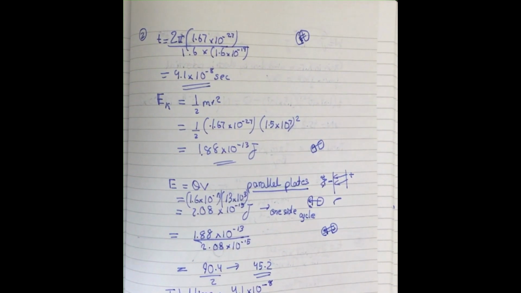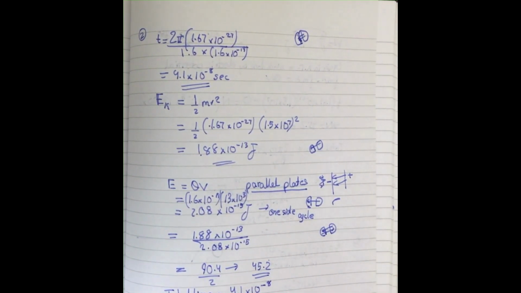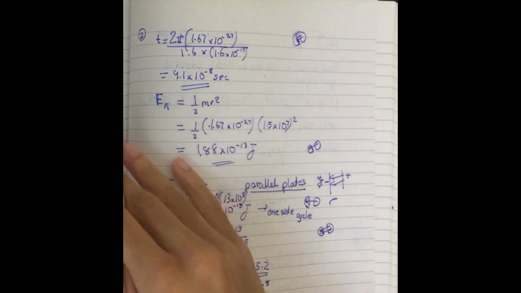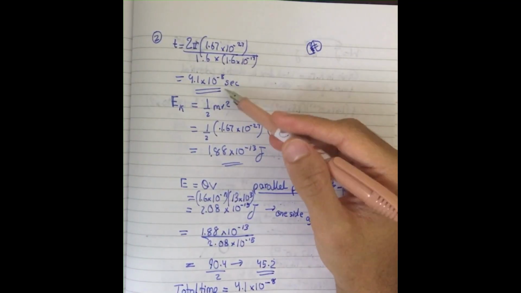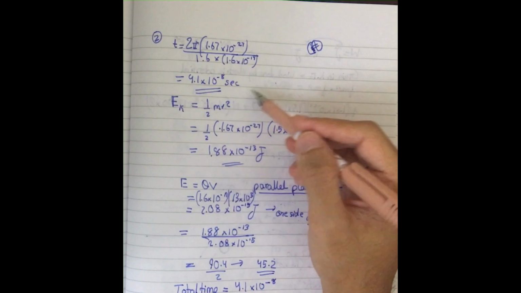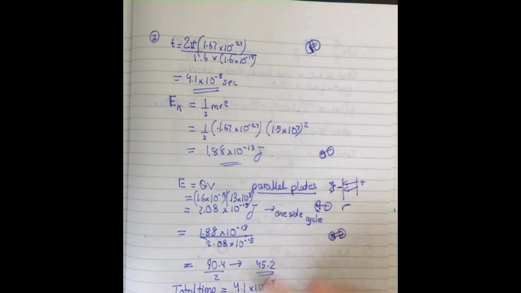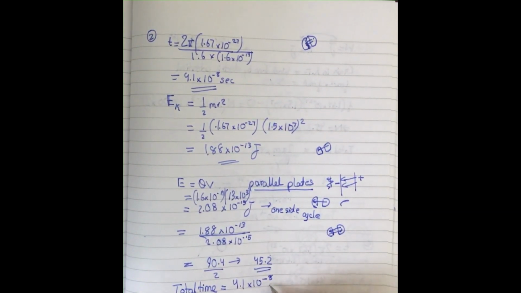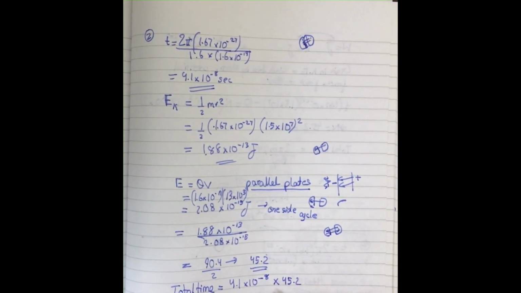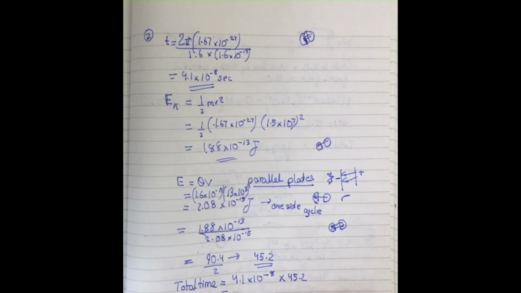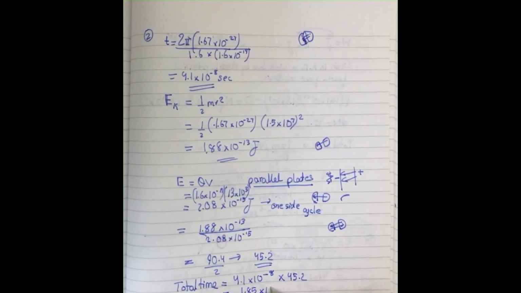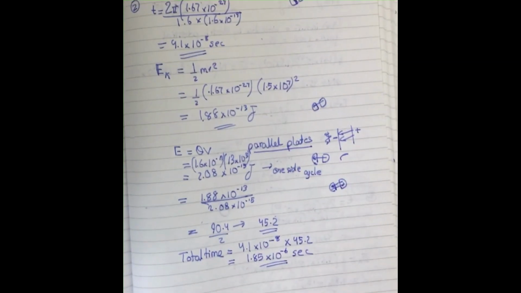This was the time we gained from the Lorentz expression, the time for going from one direction to another, around the D. And we need to know how many orbits it completed. It completed 45.2 orbits, and this is only for one orbit. So for 45.2 orbits it will be 1.85 times 10 raised to power minus 6 seconds. So this is your answer.